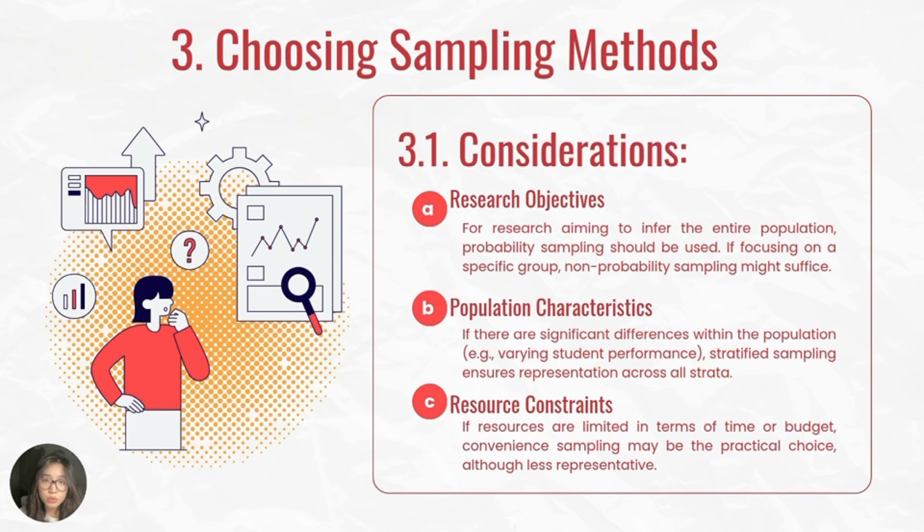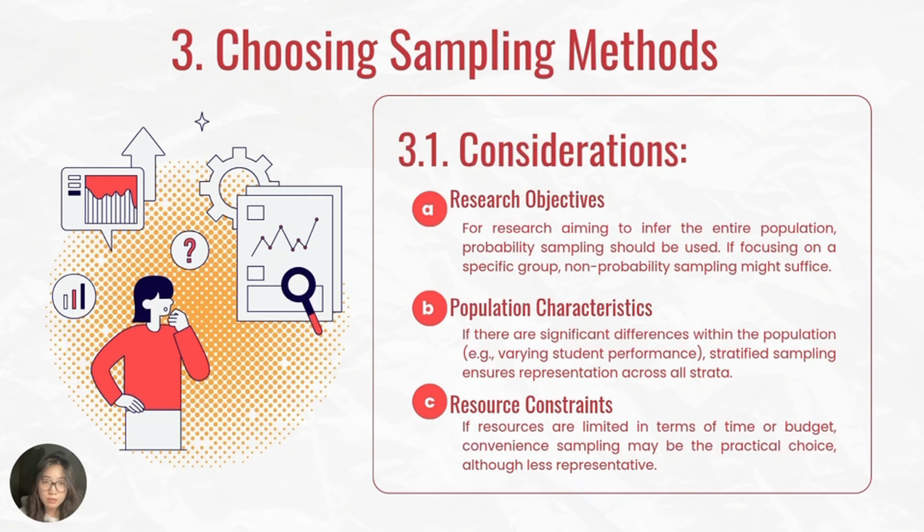If we aim to understand the impact of an educational reform on all students, for example, then probability sampling is needed. These methods ensure that every individual in the population has an equal chance of being selected, making the sample representative.